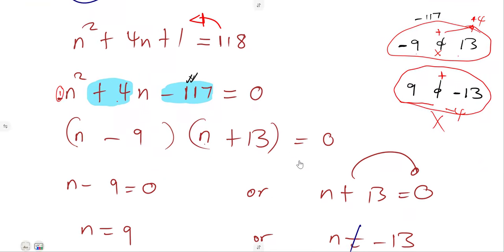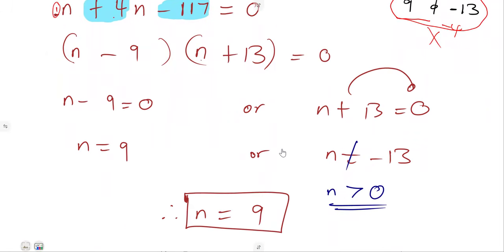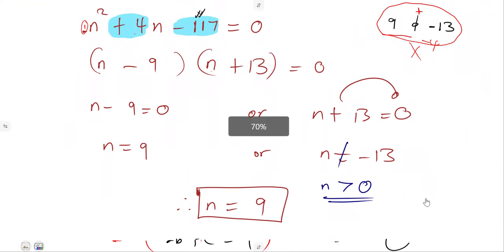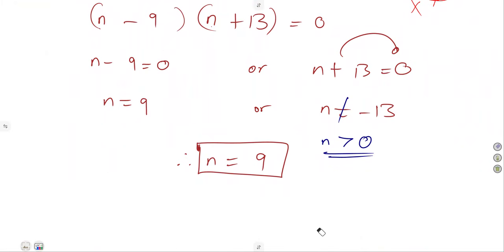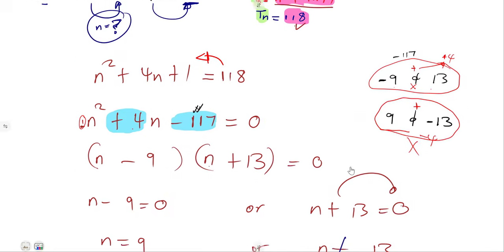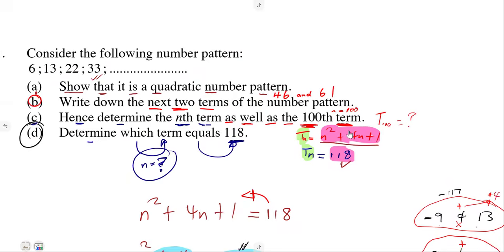Try as many questions as you can to understand these typical questions. In our next classes, we shall be focusing on question papers, as we have got the basics of our linear, which is the arithmetic sequences, and we also managed to work with this type of quadratic, where we've got a quadratic number pattern.